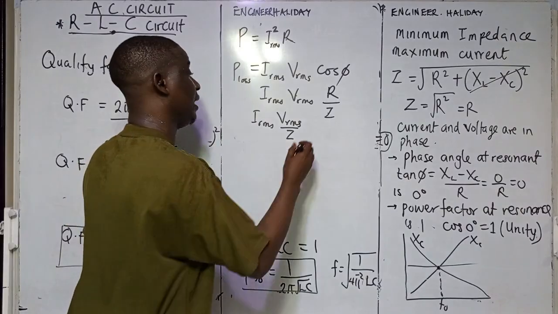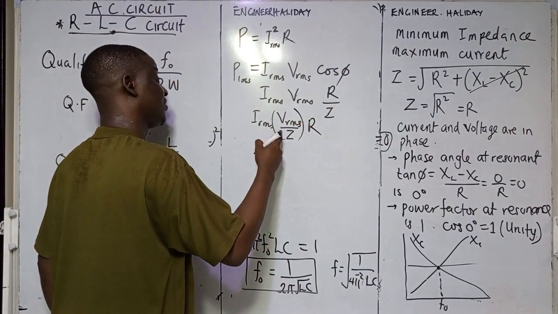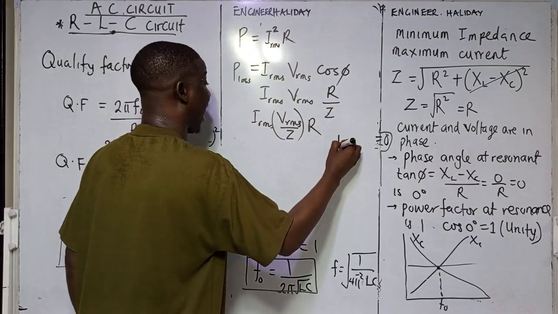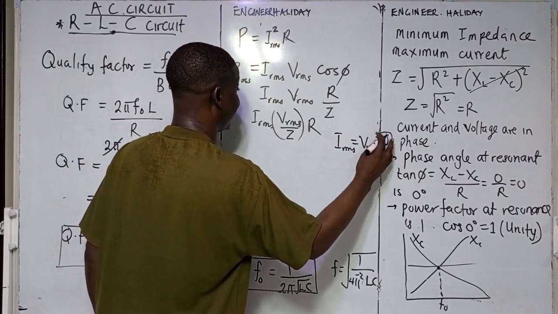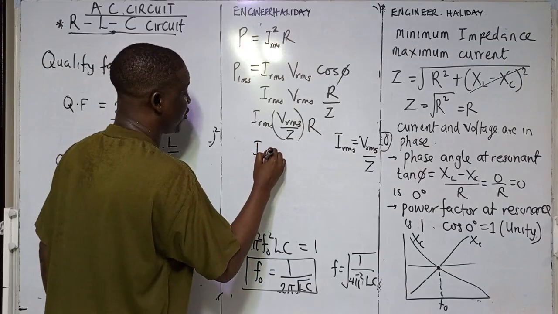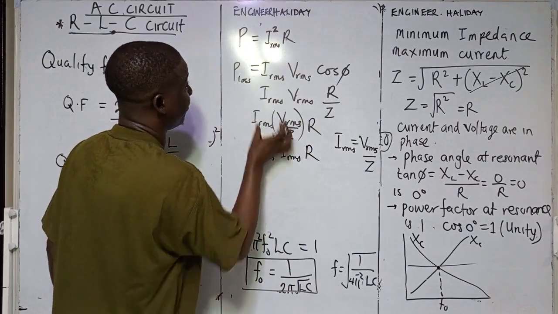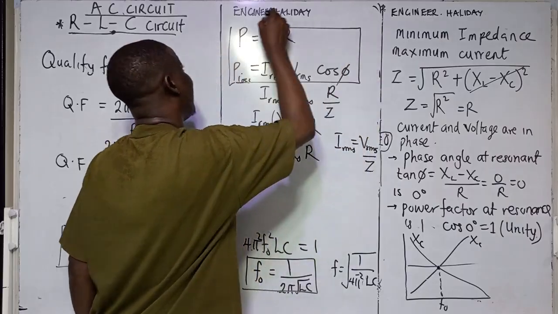I told you that I RMS is equal to V RMS over Z. If you put this in, you are going to have I RMS times I RMS times R. We are going to have this back, so this and this are the same formula for power loss.